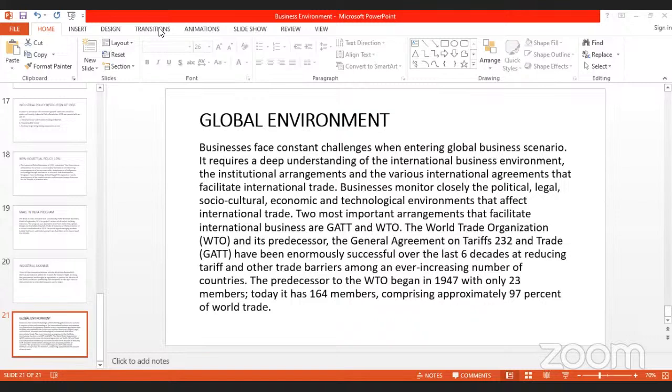So this was about GATT. Now, give me a moment. Let me check your syllabus. Yeah, we have GATT and WTO. There is BRICS, G20, G8, and BIMSTEC also in your syllabus.